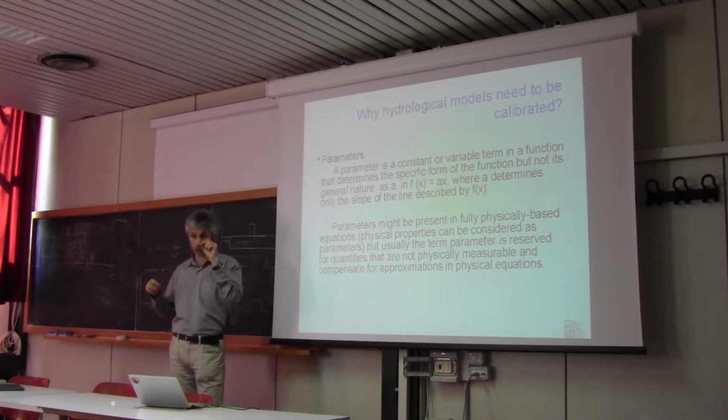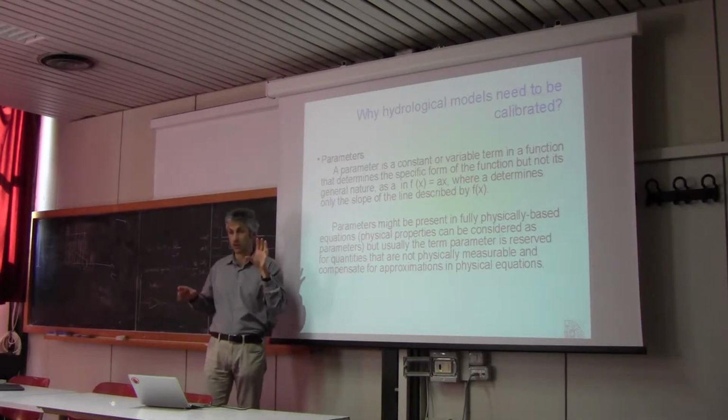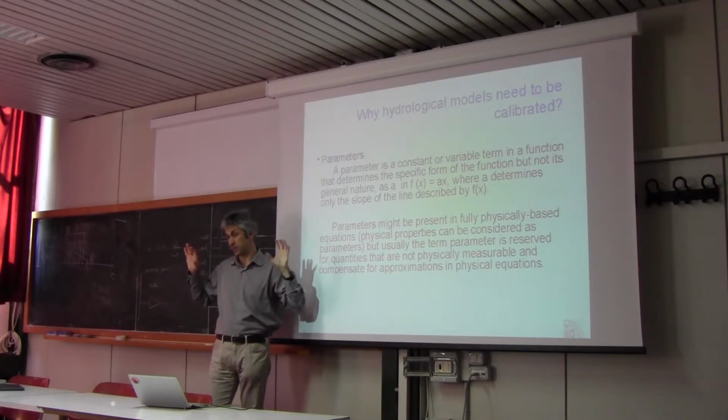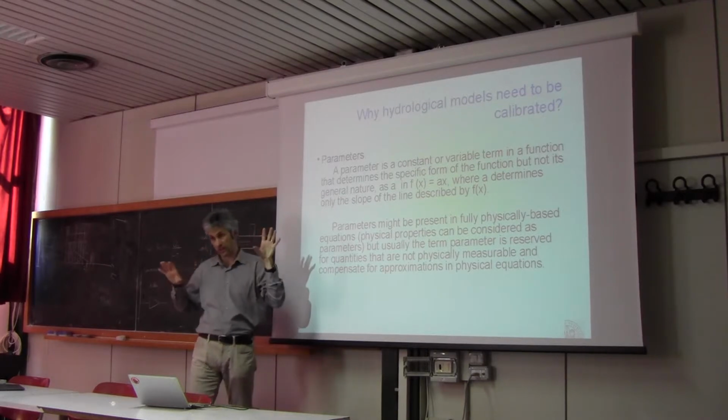So if you go to calibrate roughness, very often you will see that the values taken by this parameter are not really physically meaningful. And this is because the model is not perfect. When you calibrate the parameters, you also obtain a compensation effect.